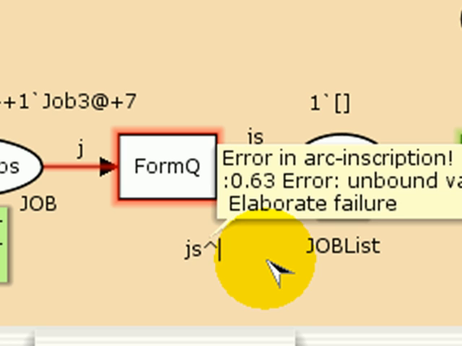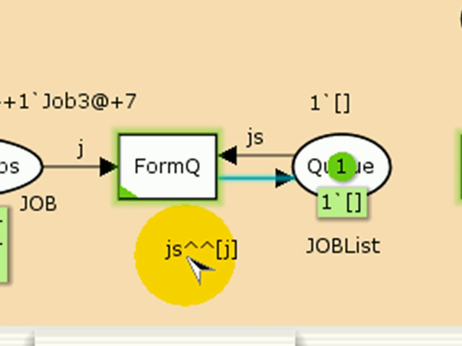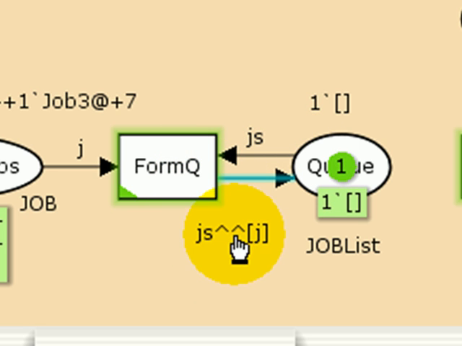Why am I using this expression over here? Okay, what I have done over here is I have used this JS. So JS goes as an input to form queue, but when it comes back to this place, the expression says JS, concatenation operator double hats, and then J inside a list.